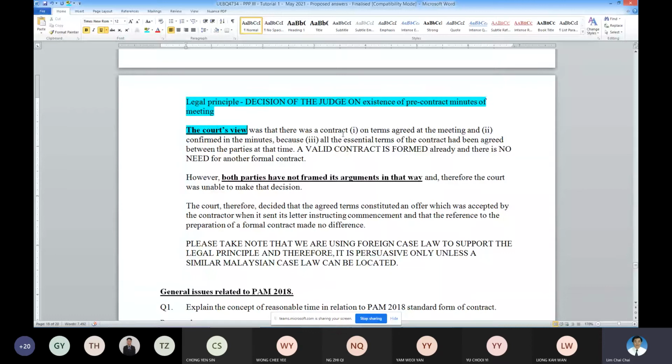There are terms agreed at the meeting. First point. Number 2, it is confirmed in the minutes. And number 3, all the essential contract terms have been agreed by the parties. So these are the 3 important points.